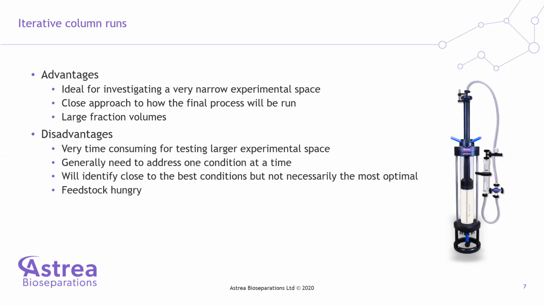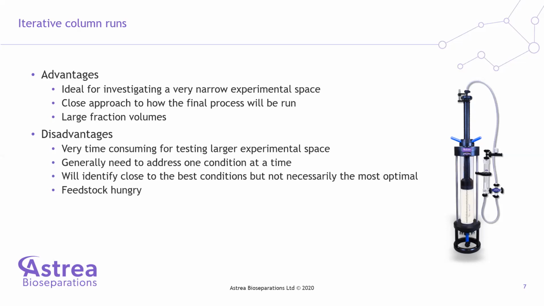The disadvantages of this approach are that it's very time consuming if you have a large experimental space to investigate, and that you generally have to address one condition at a time. Say that you wanted to look at the effects of pH and conductivity or salt concentration on your elution buffer.